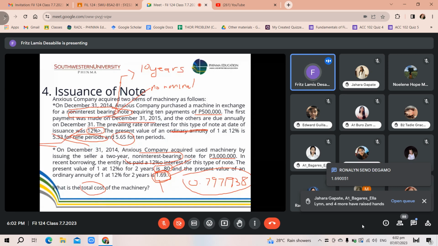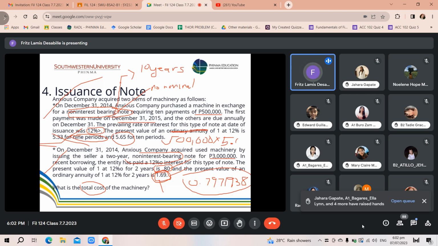First, the total cost of the machinery. To compute the present value of the note, we simply multiply the periodic payment of 500,000 by 5.65. For the second, we multiply the 3 million by 0.8.